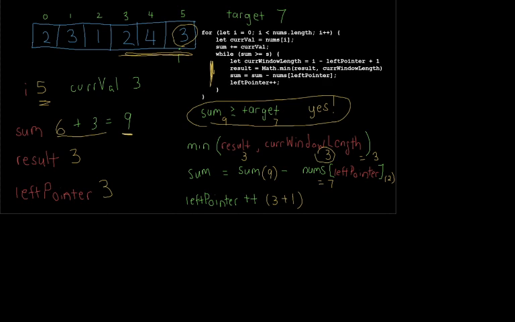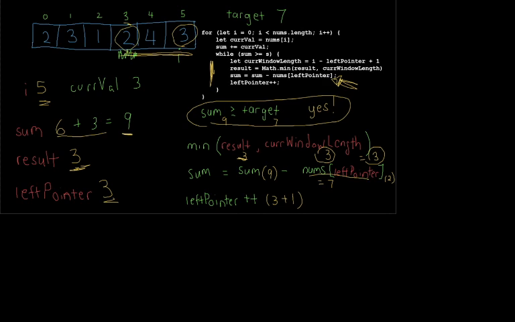Well, hey, the result right now is also 3, which we wrote down here, so you stay at 3 over here. You still have to do the line where you subtract the sum because you have to move the window, right? So you're going to subtract that, and the way you do that is you take off the value, what is being referenced at left pointer, so at index of 3, right? 3. So you subtract 2.